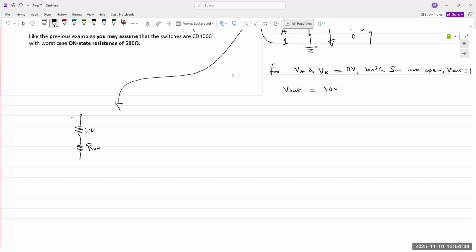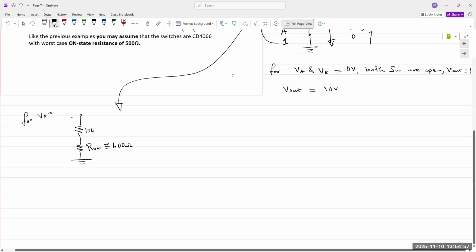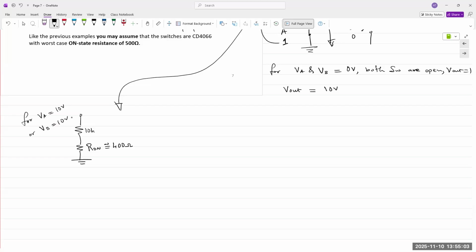CD4066 for a 10 volt input has a resistance that is between 200 to 400 ohms. So let's assume 400 ohms. If you assume 400 ohms, it's going to look like this. Either VA equals 10 volts or VB equals 10 volts.